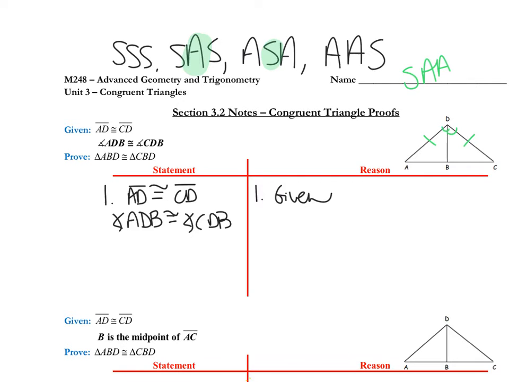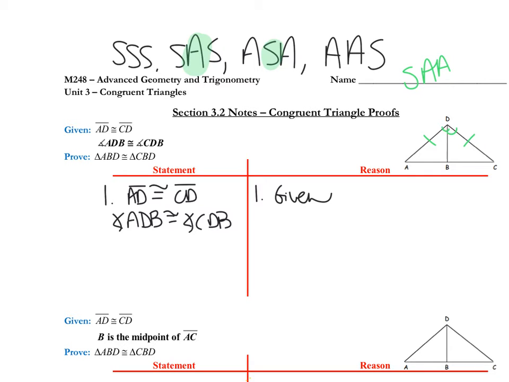Okay, so I have an angle and a side. So if I look up here, I have an angle and a side. So I'm probably not going to use SSS. Okay, then I am going to look at these three. Can I prove one of these?